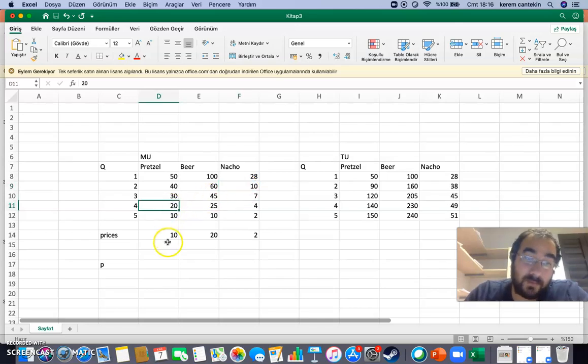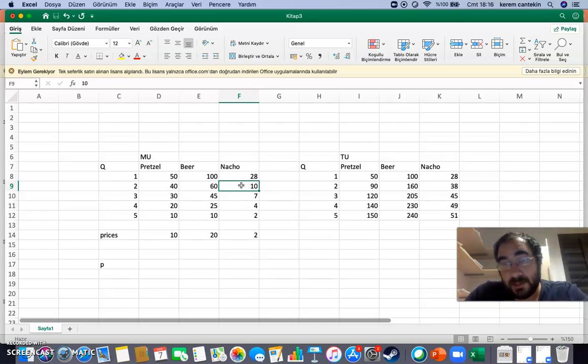But when I buy the fourth pretzel, I need to pay $10. When I buy the second nacho, I need to pay just $2. So I'm left with $8. With those $8 I can actually buy another nacho, actually 4 additional nachos.